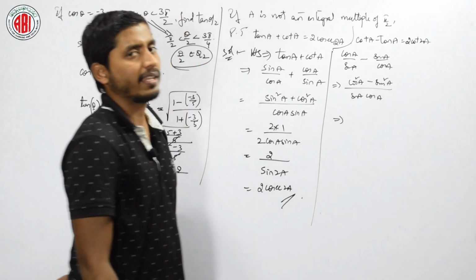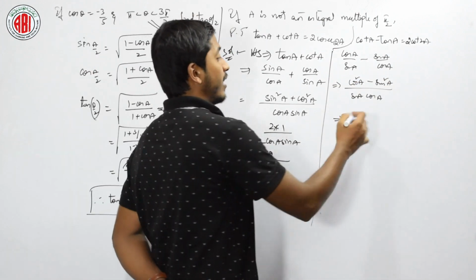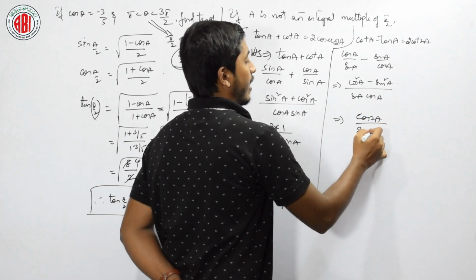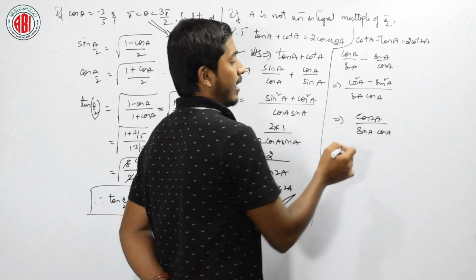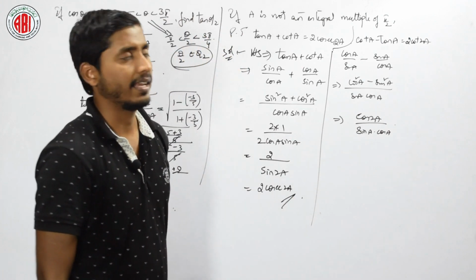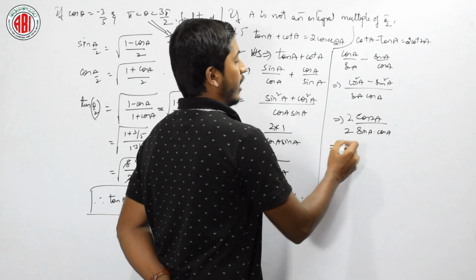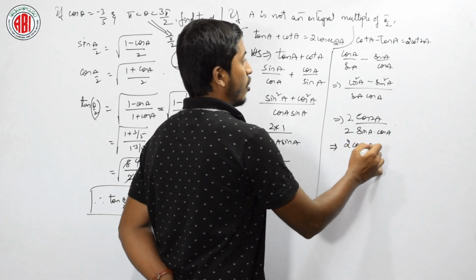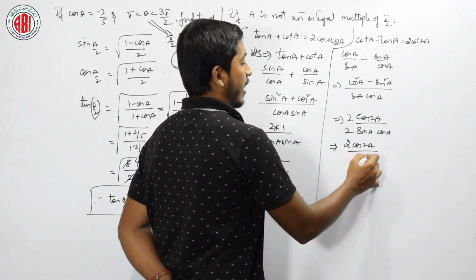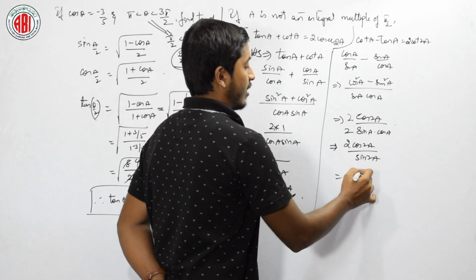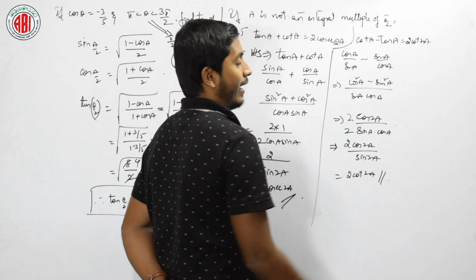What is cos square a minus sin square a? That is nothing but cos 2a by sin a into cos a. Again we got a single sin a and a single cos a. Then can I multiply with 2 in the numerator and denominator? It will become 2 cos 2a by sin 2a. What is cos 2a by sin 2a? That is nothing but cot 2a.